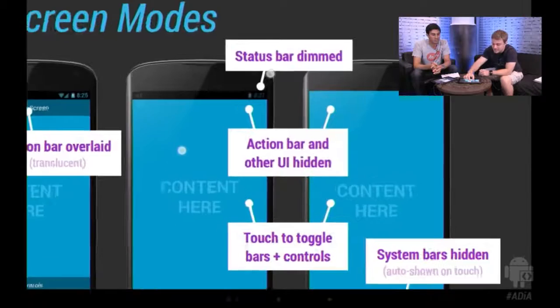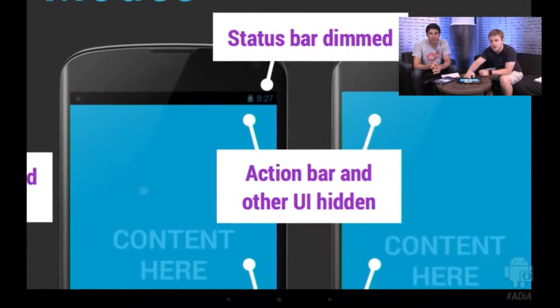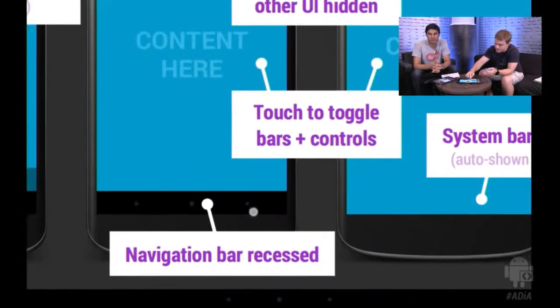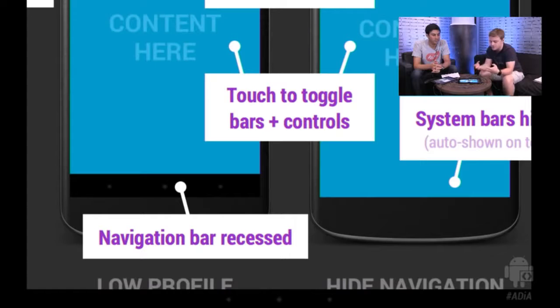So you'll notice that the status bar here is dimmed. You don't even see the notification icon. You see just a little dot indicating that there's something there. And then your back, home, and recents are also visually recessed. So they're also just little dots, hinting to the user that, hey, there's something here. It's not completely non-interactive, but touch here to find out.